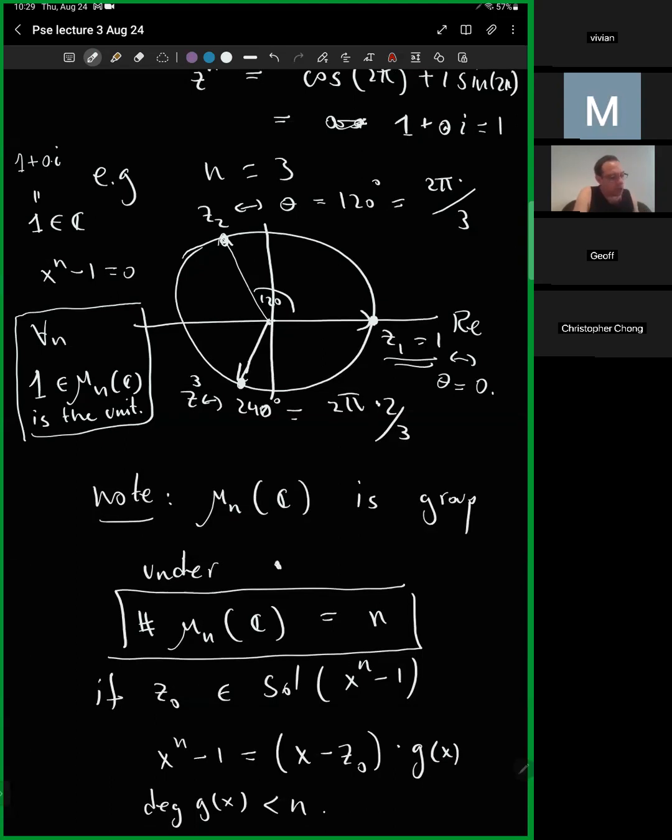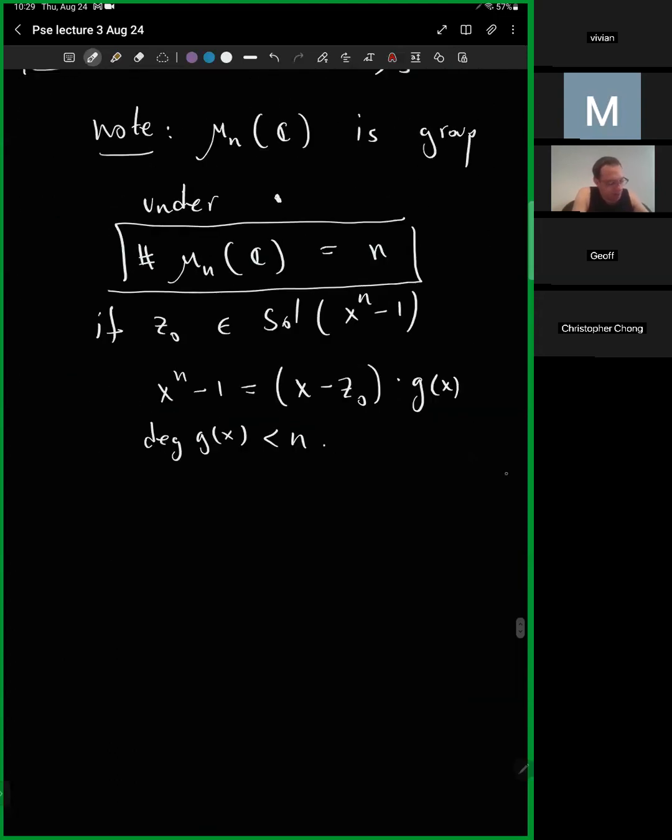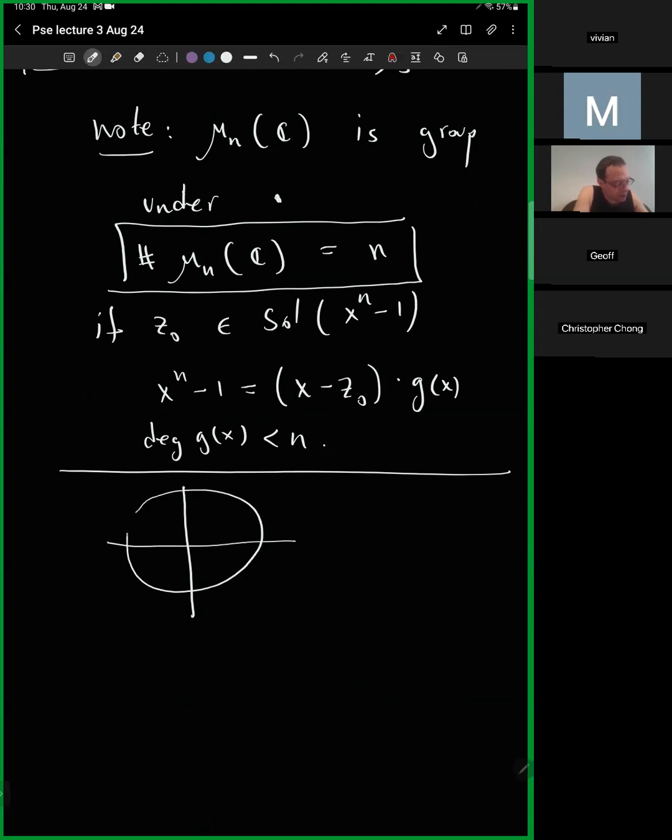All right. So what is happening here? We have this circle, which is a group by multiplication of complex numbers, and within this group, I have another subset.